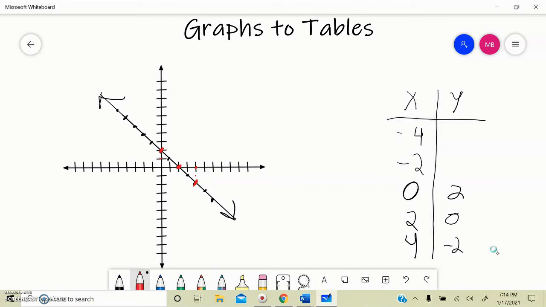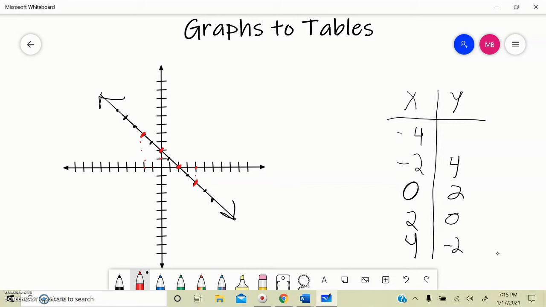Now let's do our negative x values. Okay, so I go over 1, 2. Okay, then I go up. I have to go up. 1, 2, 3, 4. So that is going to be 4. Then I'm going to go over again, because I want to get to x is equal to negative 4.